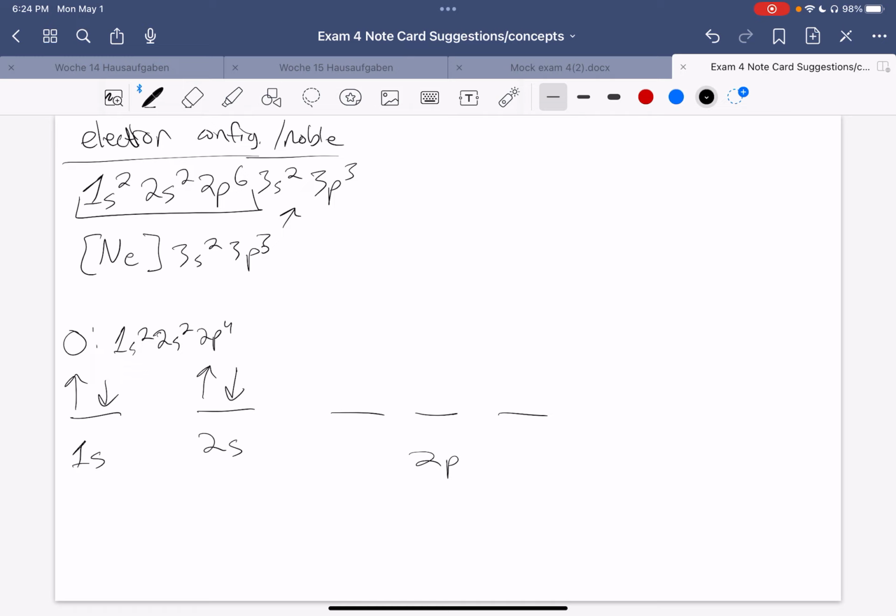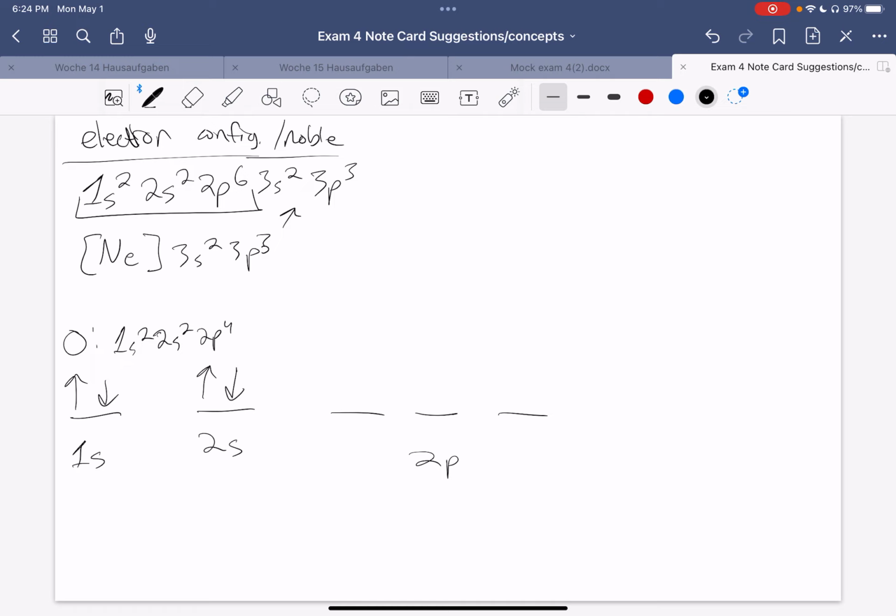And then the last rule we come into is called Hund's rule. I don't really know how to pronounce that, but we see that we've used 4 electrons and we have 4 left. And what Hund's rule says is that each orbital has to be singly occupied before one can be doubly occupied.